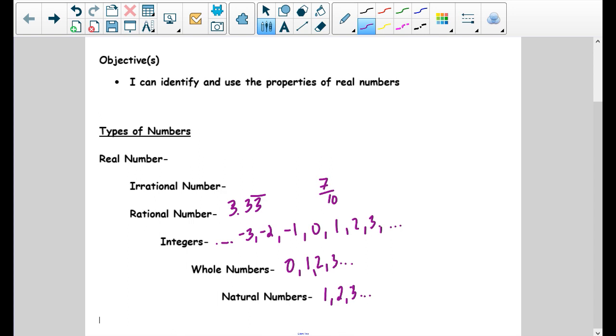So something like -5.25 or -0.5 or anything that ends. So repeating and terminating decimals, and then all fractions.